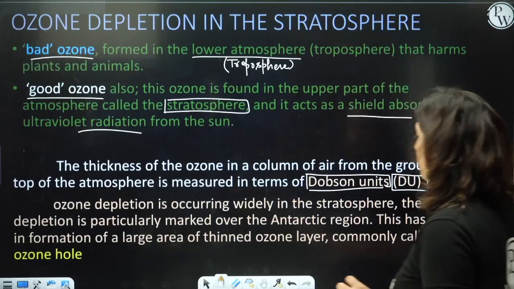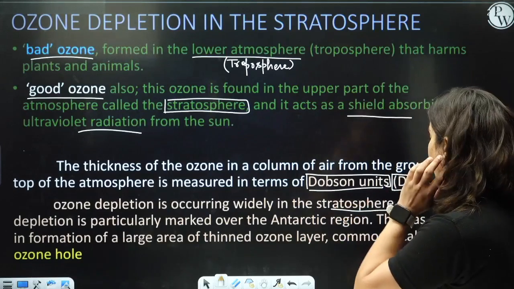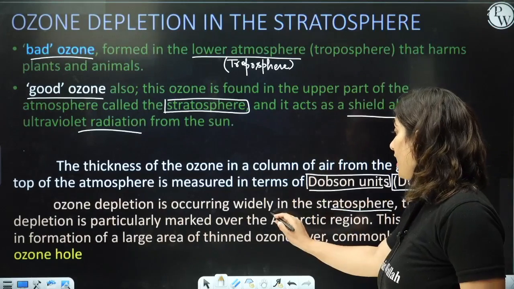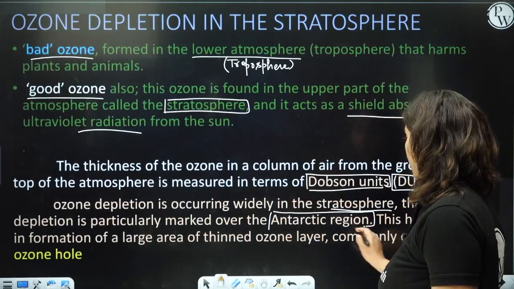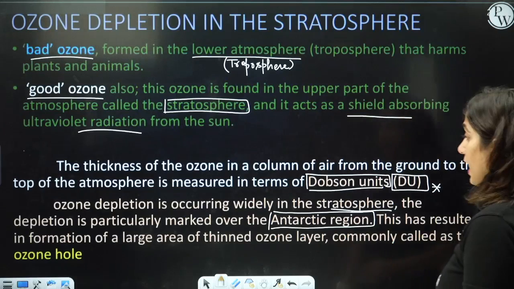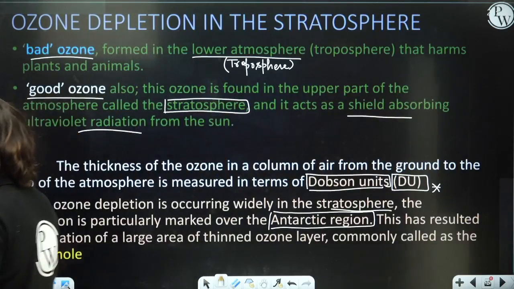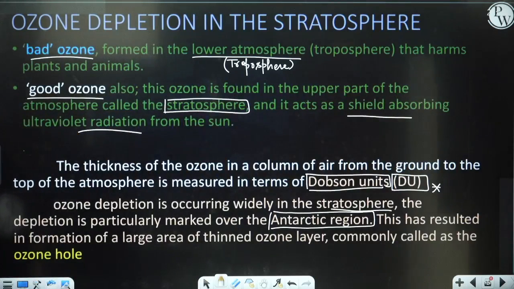And the ozone depletion is widely occurring in the stratosphere, and it is marked over the Antarctic region, and this is called as the ozone hole, right?